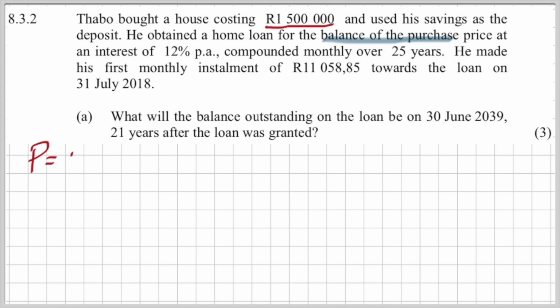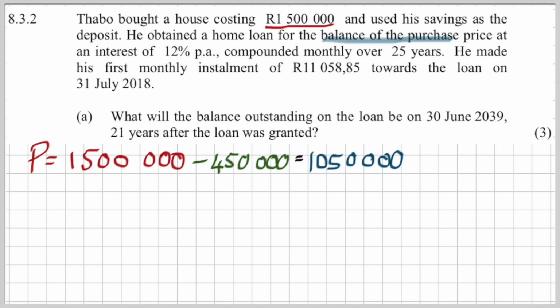It says he obtained a loan for the balance of the purchase. So I know that I'm going to use the P value because it's a loan and I want to buy the house now. So again, please get what I'm trying to say. I've got to go to the bank, get a loan now for the balance.